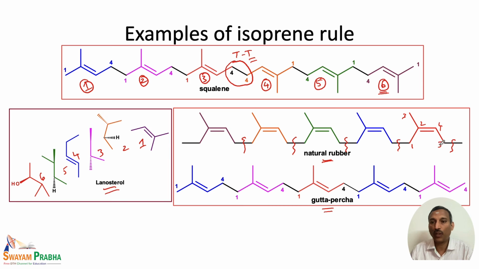So every 5 carbon isoprene unit is connected in the cis combination in natural rubber, and in gutta percha we have the trans connection. That is the only difference between natural rubber and gutta percha. Here again we have multiple isoprene units connected. So this is an example of a polymeric terpene, and both these compounds follow the isoprene rule. And Faraday identified the presence of isopentene from natural rubber through this particular combination only.